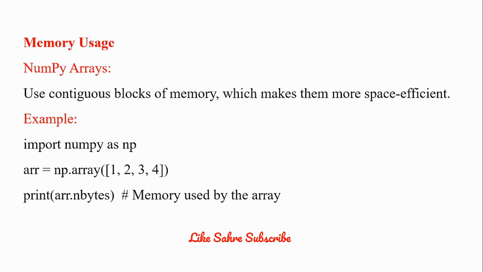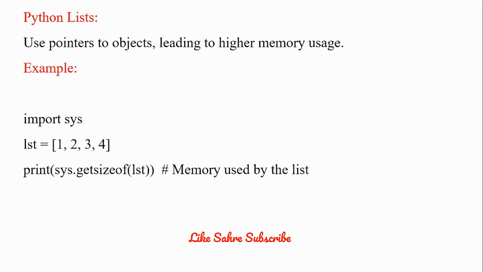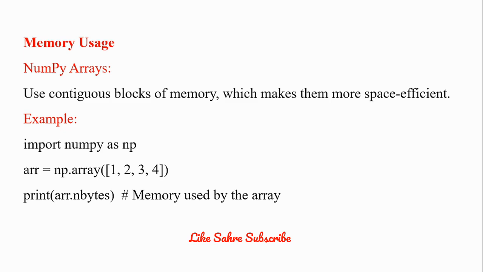Next, memory usage. When we compare NumPy, the usage of memory is very low compared to Python. Okay, see the example. Python list will take more memory, but NumPy array will take less memory.